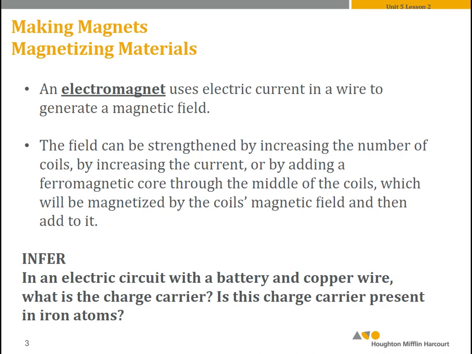Electrons are in all atoms, and electrons are the same in all atoms. So an electron from a copper atom is no different than an electron from an iron atom. But we know that copper is a better conductor. So the copper carries the electric charge, and then the iron, the ferromagnetic core, is what becomes the magnetic part of the electromagnet.